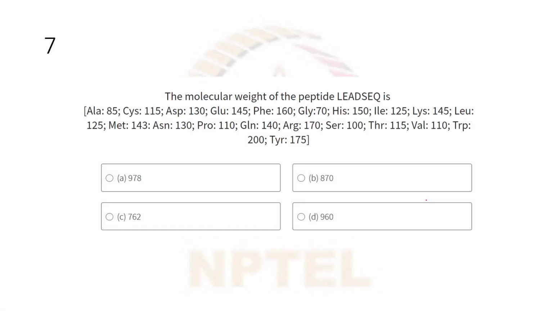Here is the next question. Calculate the molecular weight of the given peptide. And in the brackets I have mentioned the molecular weights of each amino acid.